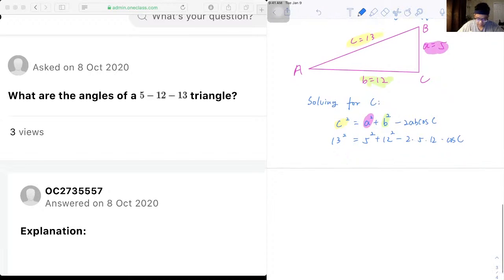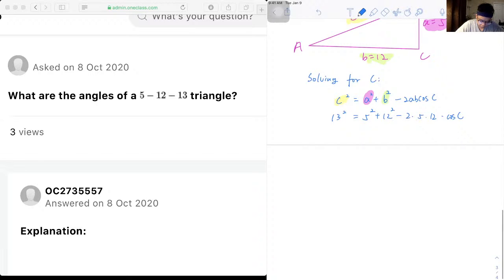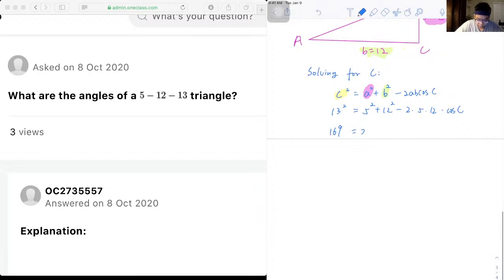Okay, and 13 squared is equal to 169, and 5 times 5 is equal to 25. 12 times 12 is equal to 144.